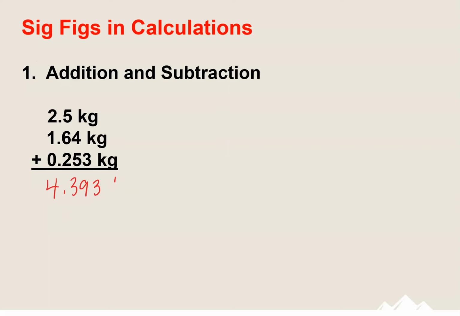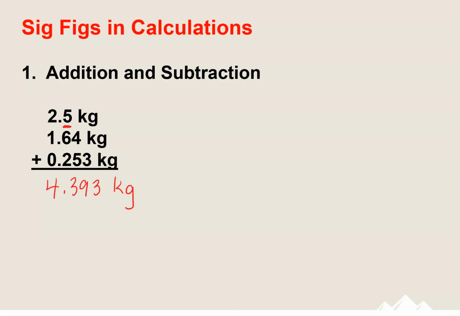The calculator doesn't say kilograms, but I know to include my units there. The question is, can I trust every one of those digits? And that doesn't seem very likely at all. If I only knew the mass of the first package to the nearest tenth, it doesn't seem likely that I could know the mass of the total to the nearest thousandth.